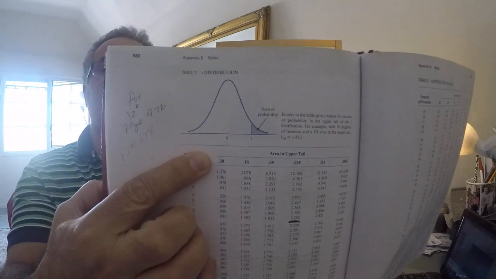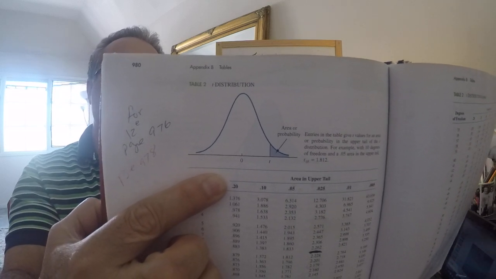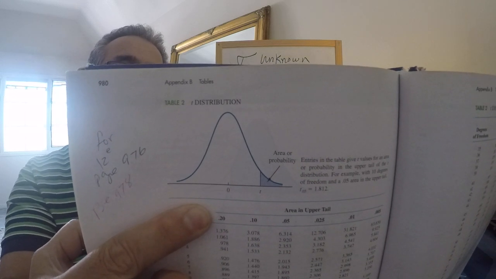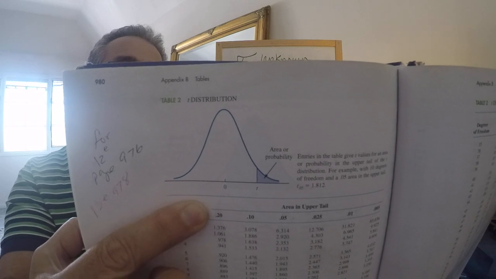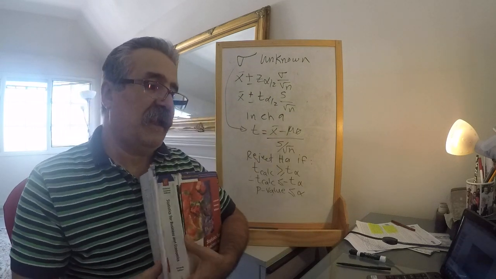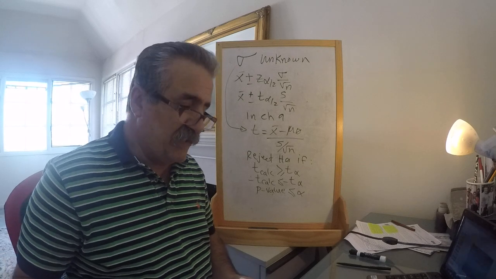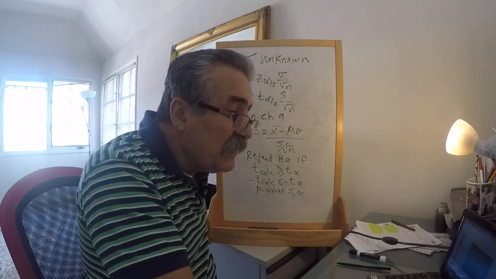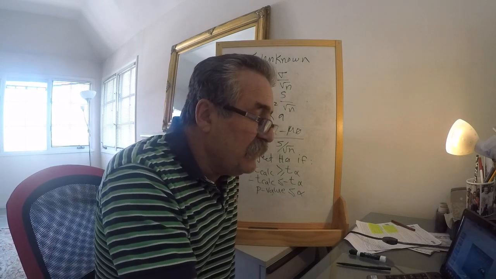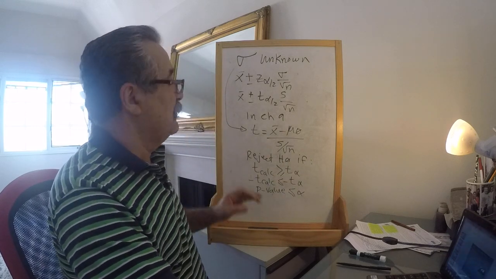That's where we find our p-value, and also where we find our alpha. Those are the area in the upper tail. And again, when we are going to find the t value, we're going to do n minus 1 to find the t value to solve the problem.